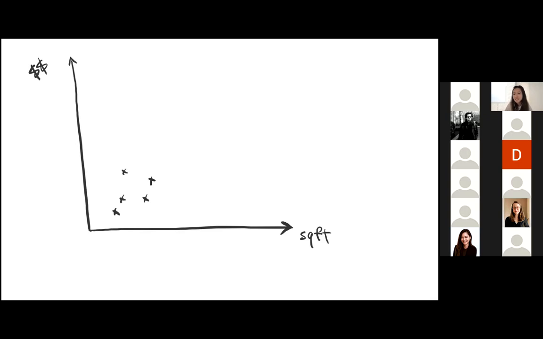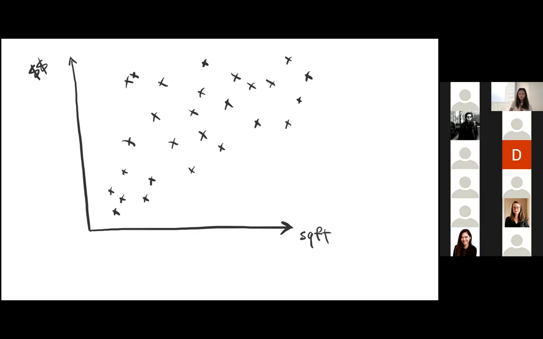Maybe some are in nice locations, some not. You're going to have a bunch of house prices, and they're not going to follow a straight line. Definitely not. They're probably going to be scattered all over the place, maybe with some general trend. That's up to you to do your EDA and find out. So let's say these are all houses with their price and square footage.